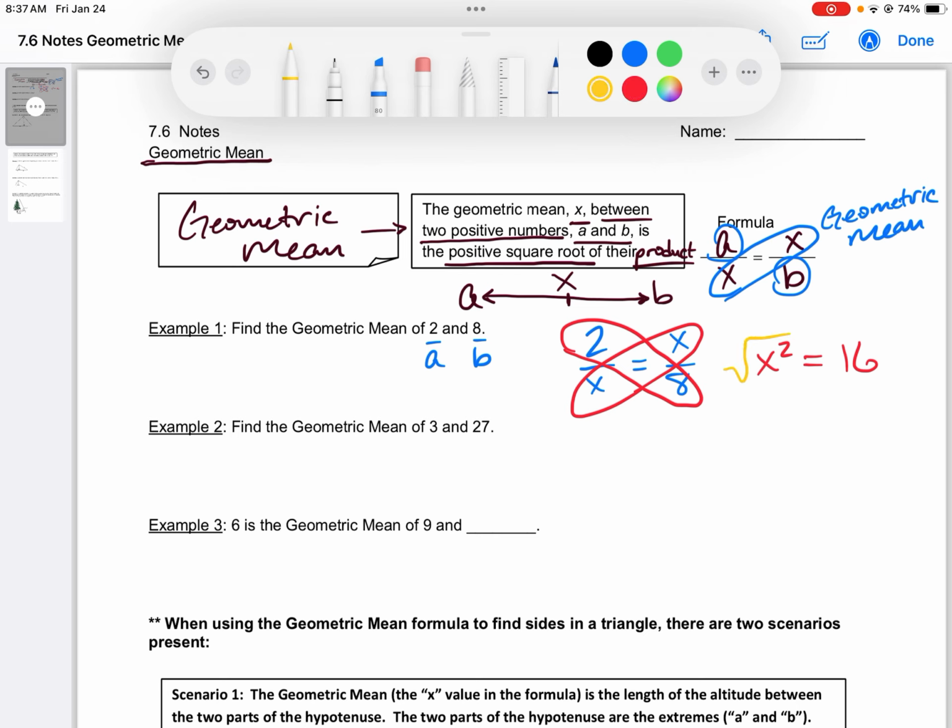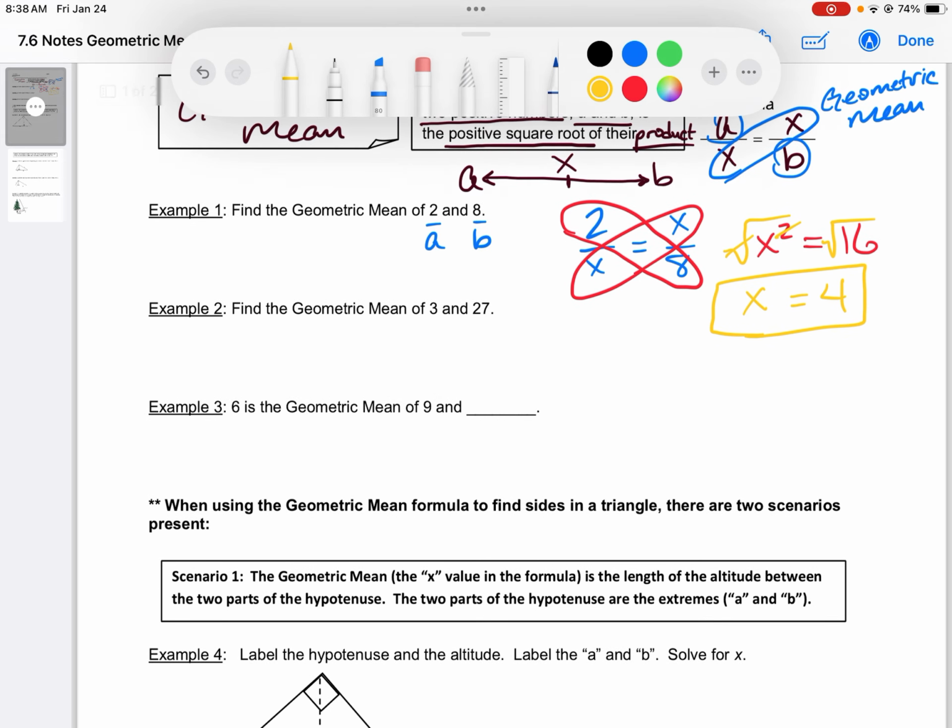Now we just solve algebraically, so the square root squared cancels out and we have x, and the positive square root of 16 is 4, and that's our answer. 4 is the geometric mean of 2 and 8.